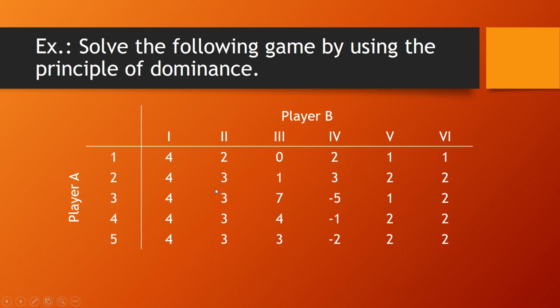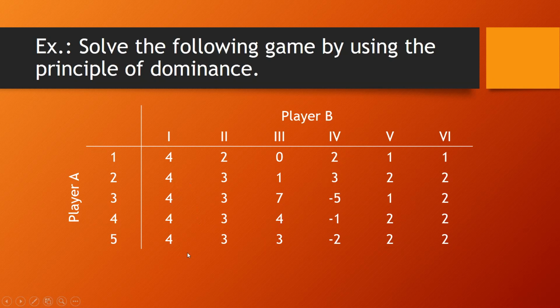Like this, you can compare the other rows as well. Once we remove this, let us compare the other rows. 3 is equal, 1 is less than 7, but here this is less than 3, so I cannot do anything here. Check row number 2 with 3, then 2 with 4, and 2 with 5.